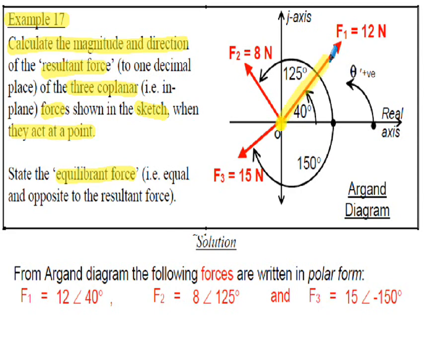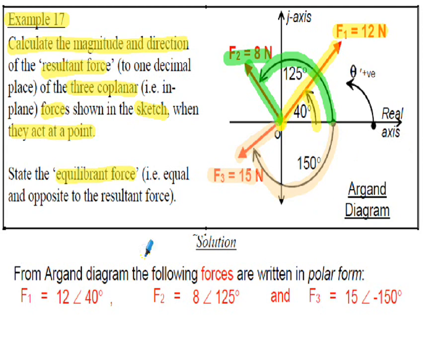So force 1, F1, is given as 12 newtons. That's an angle of 40 degrees positive from the real axis as shown. F2, shown here, is 8 newtons, and that's an angle of 125 degrees positive from the horizontal axis. And F3, shown here, is 15 newtons, and that's shown as 150 degrees from the real axis, but that's in the opposite direction, so that's actually a negative 150 degrees in terms of angle theta.